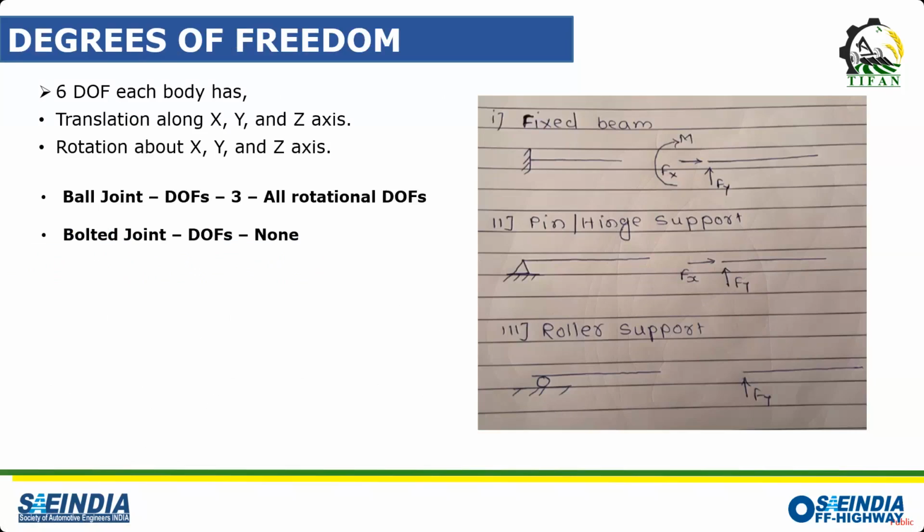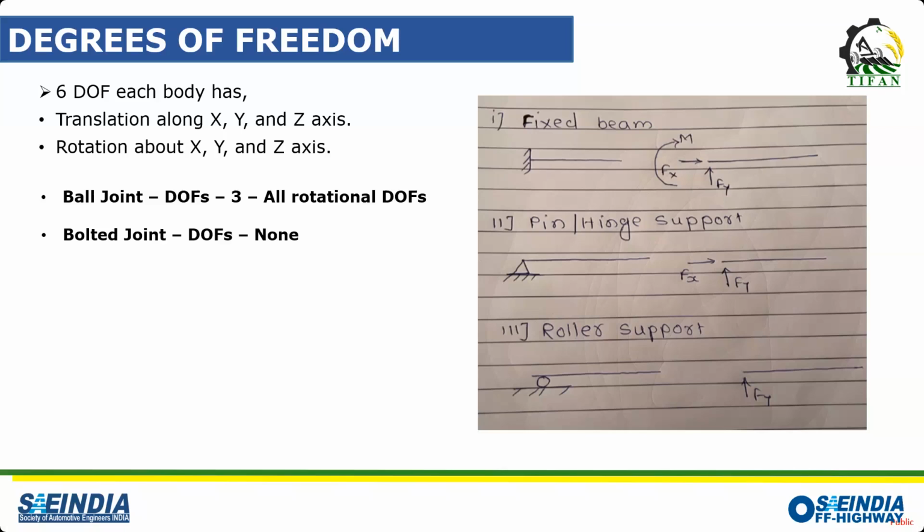One more thing, degrees of freedom. There are 6 degrees of freedom: 3 translational and 3 rotational. These are some of the classic examples, like a fixed beam. For the 2D case, we have Fx, Fy, and moment. For a pin or hinge support, we have Fx and Fy, and for a roller support, only Fy.